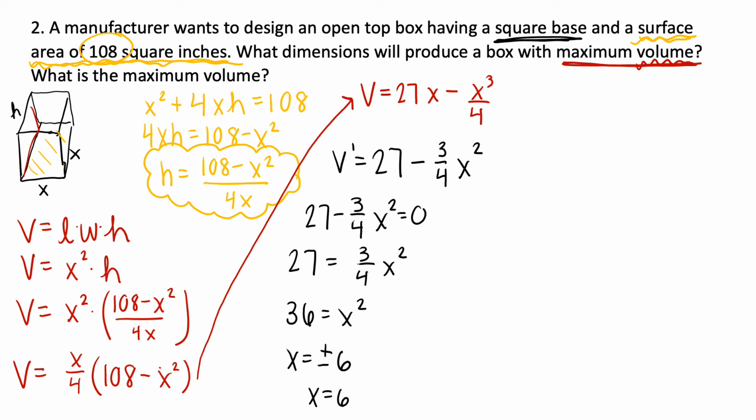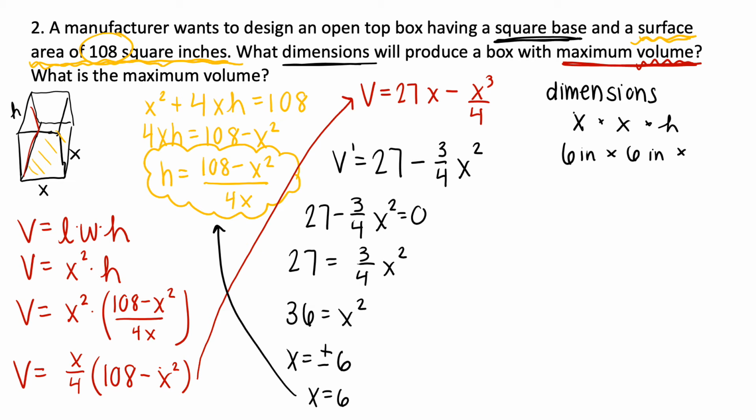Now we want to find out what the dimensions of our box are. So our dimensions are x by x by h, so it would be 6 inches by 6 inches by, we have to go back and plug into our h equation to find what h would be equal to.